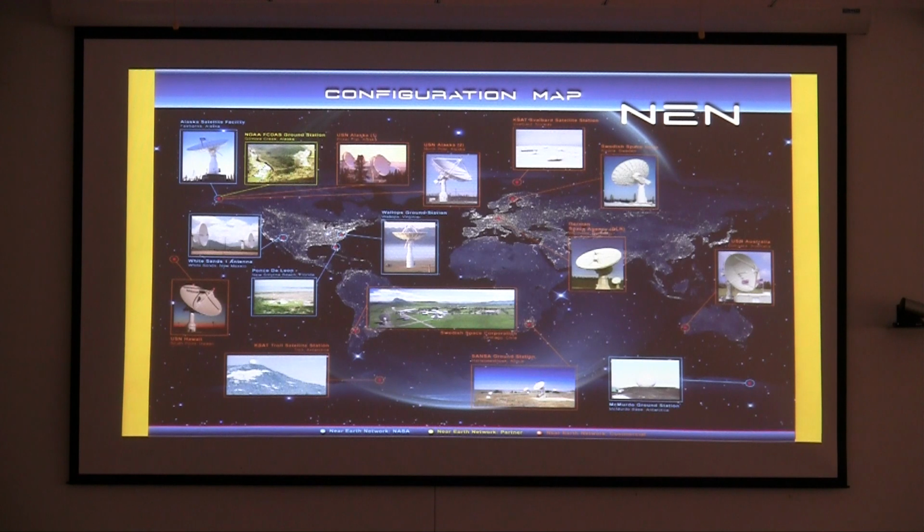But then we also work with partner organizations and commercial organizations so that we can have antennas literally around the globe. We work with folks like the Alaska Satellite Facility, NOAA, the German Space Agency, the Swedish Space Corporation. So it really is an international effort to have that constant global communications that we now in this day and age expect from our weather reports, our climate data, et cetera.